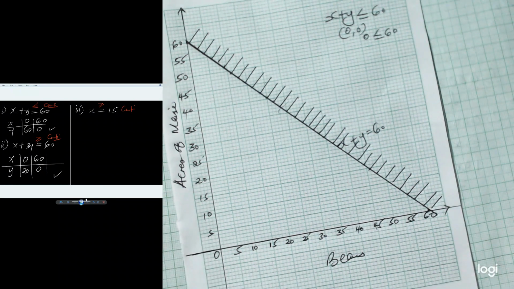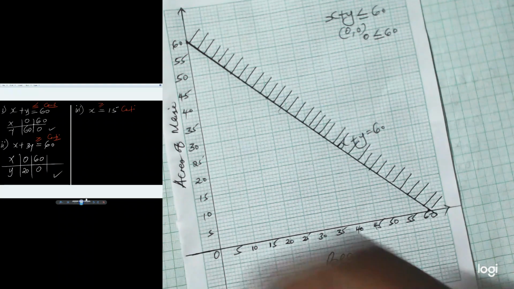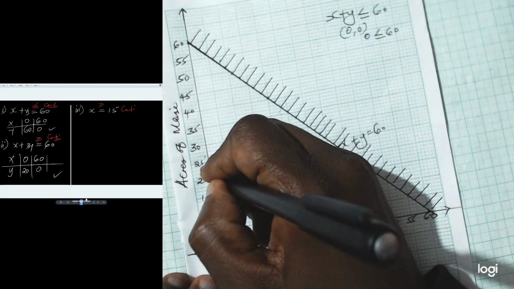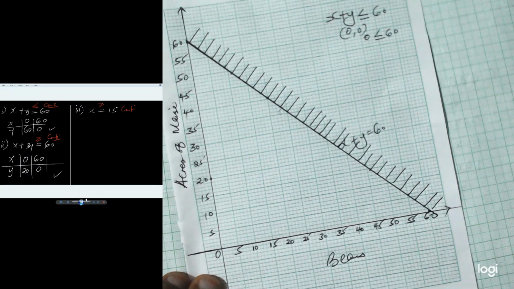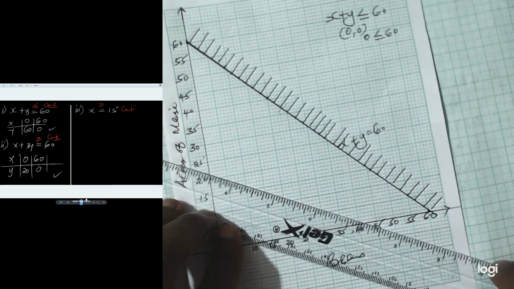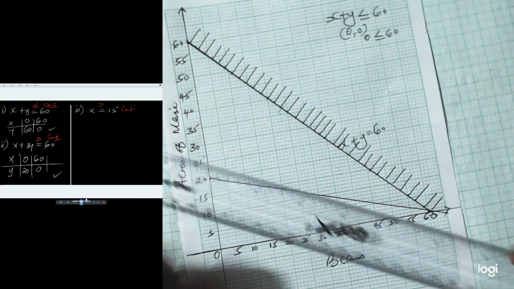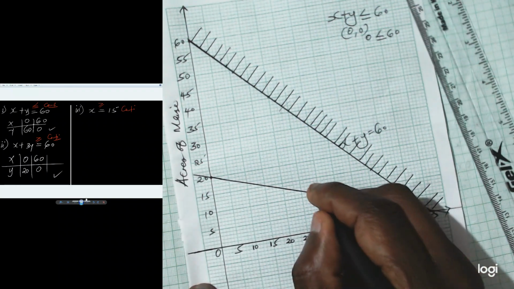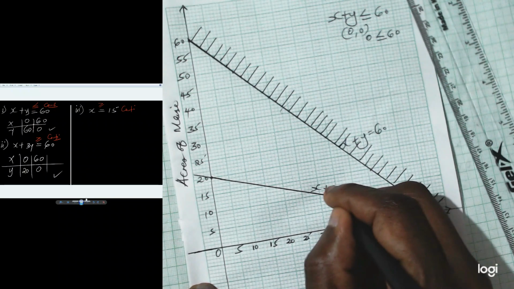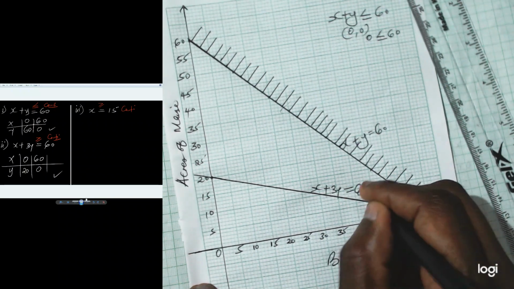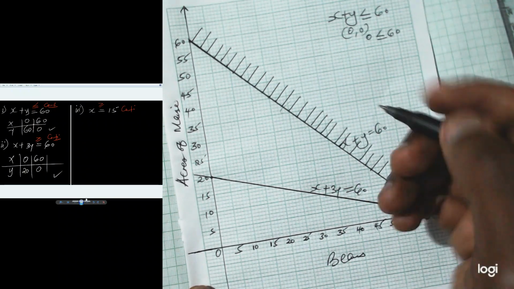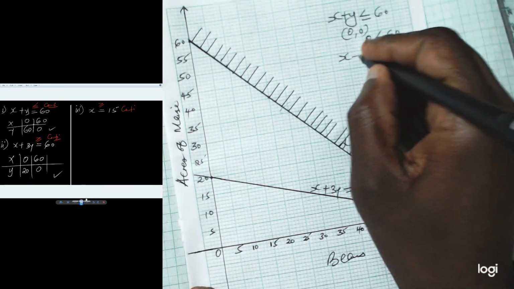We draw the other line, which is the second, x plus 3y is equal to 60. So 0, 20 is the point. 0, 20 is here. And 60, 0, the same point here. Let me draw. The line should also be continuous. So that is the line, x plus 3y is equal to 60. So again, I want to know the side I'm going to shade.